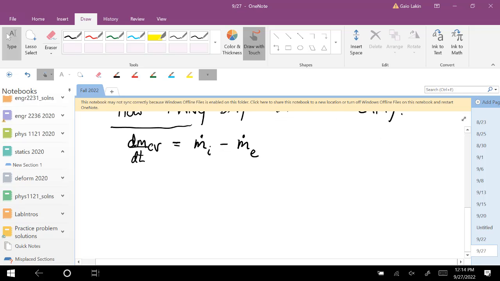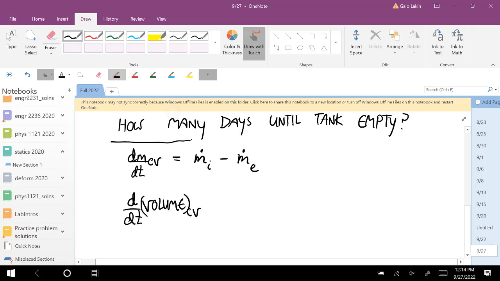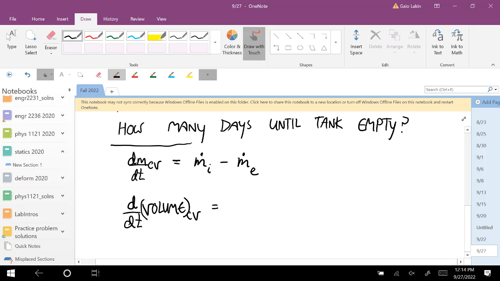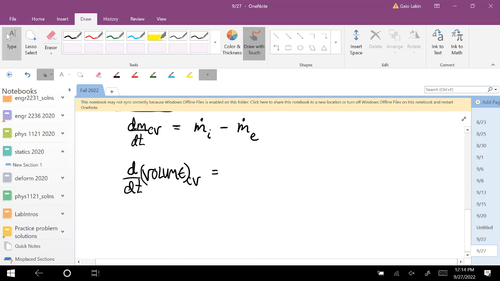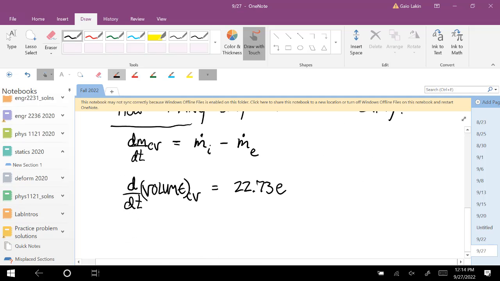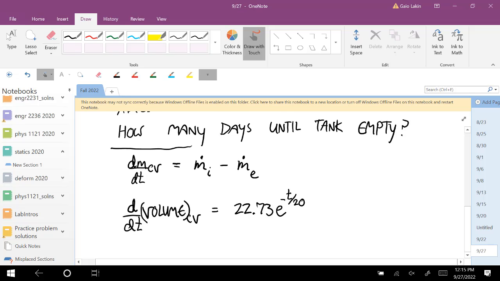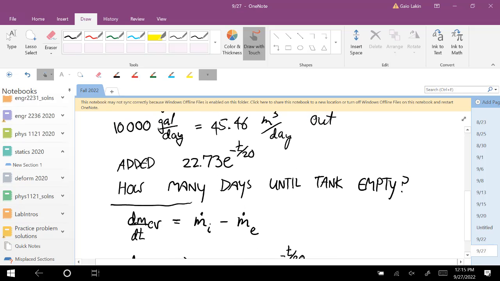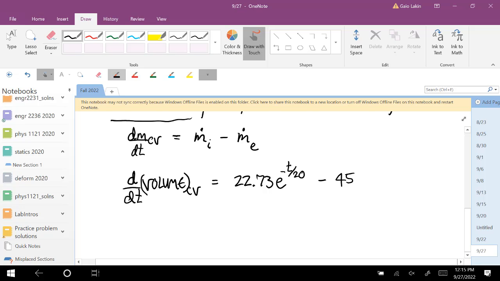I'm going to divide off the densities, and we end up with d/dt of the volume in the control volume is equal to what's added, 22.73 e to the minus t over 20, minus what's going out, 45.46.